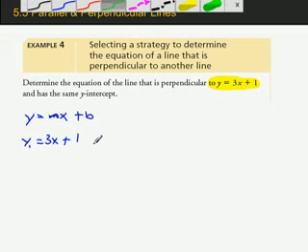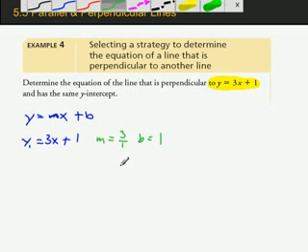So we know that in this equation, our slope, m, is equal to 3. Well, let's see. I'll tell you what, I'll write 3 over 1. And for those of you that are wondering why I'm doing this, you'll see in a second. And let's say our b in this case is equal to 1.